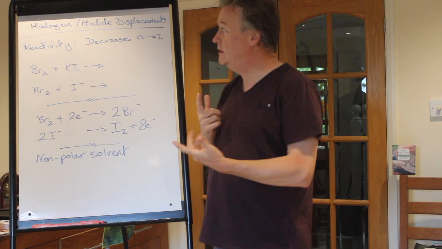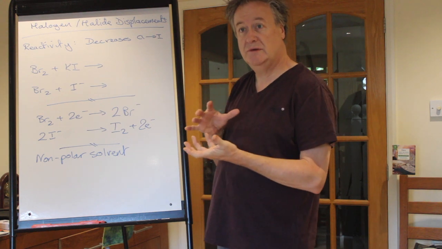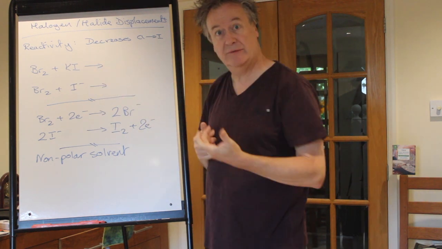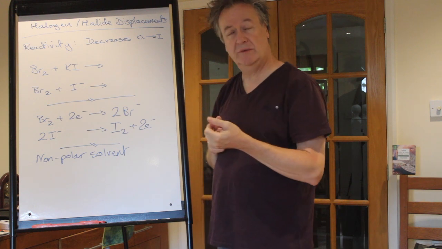And so all you do is you put two solutions together. In the case of this one, you would have potassium iodide solution and you would have bromine water.